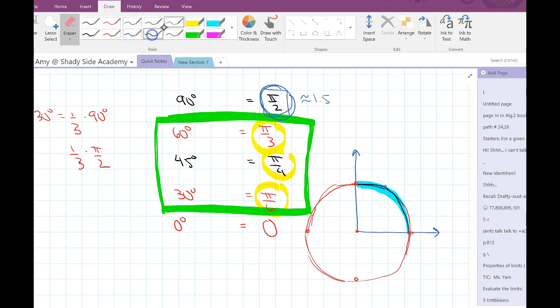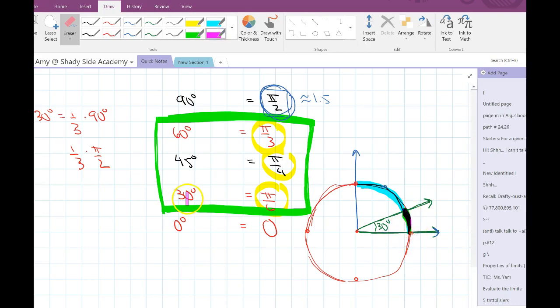I'm going to also do this. Let's put in a 30 degree angle. Again, I'm not being perfect. I don't have a protractor on me, but see, that's 90. This is 45, right? So 30 is going to be maybe like this. Here's a 30 degree angle. Let's look at the intercepted arc right here.